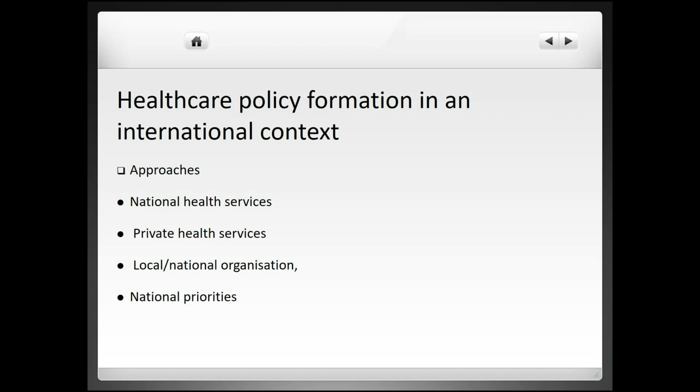They all feed into the national health delivery. We have the Red Cross, we have Barnardo's, so many organizations are involved in healthcare delivery. So we have the national one, we have the private ones, and so many local organizations involved. And at the same time, every country has got national priorities that are set within their healthcare policy.